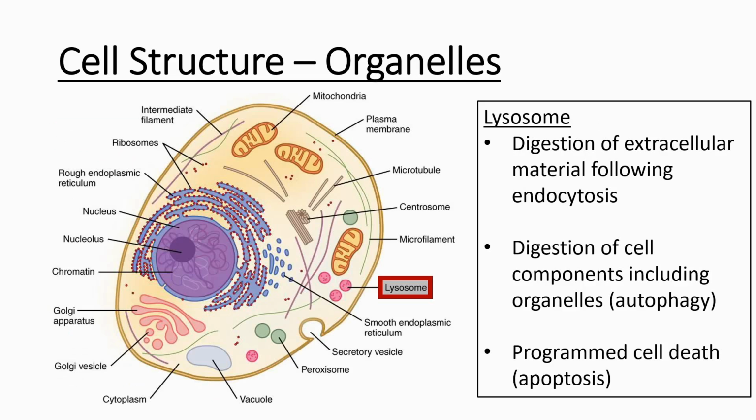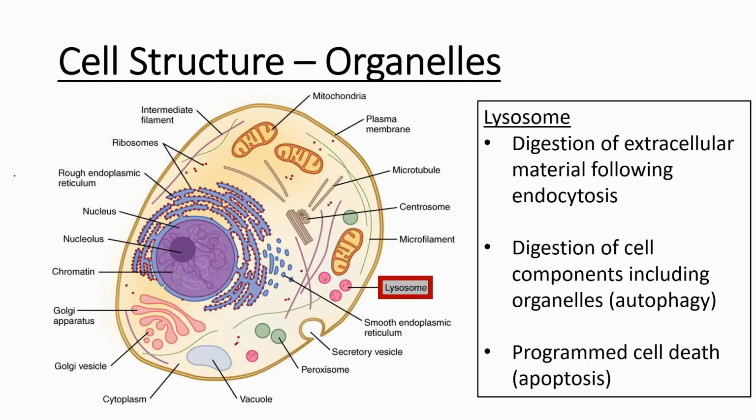Another organelle is the lysosome. And the lysosome is involved in breakdown of certain materials in the cell. So if materials are taken up by the cell via endocytosis, then the lysosome is involved in digestion of those materials.